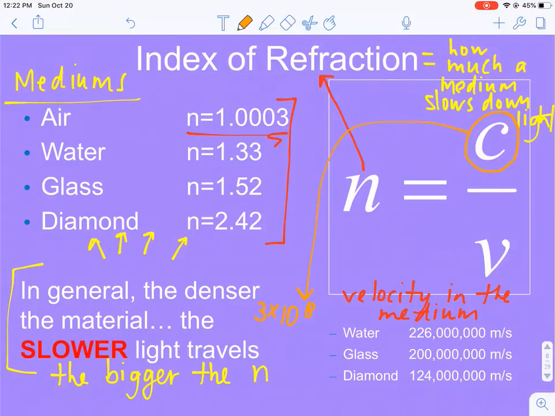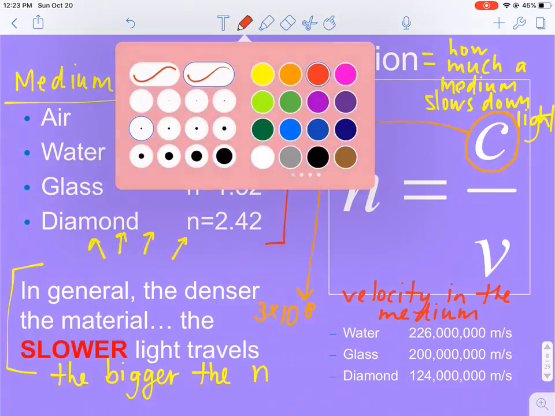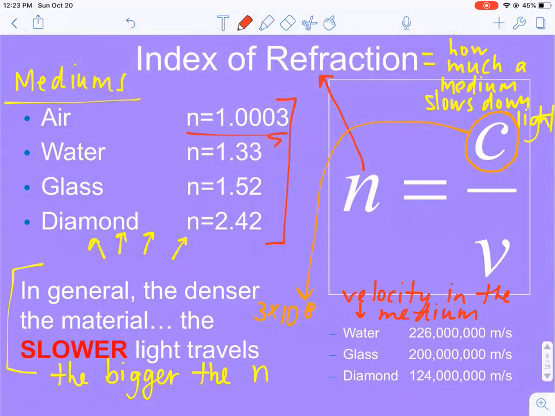So you should always get numbers for speeds of light in different mediums that are lower, like these that you can see. The bigger the n, the more different the velocity is from the constant number of c. So diamond with this bigger n has a slower velocity of light because it slows down more.